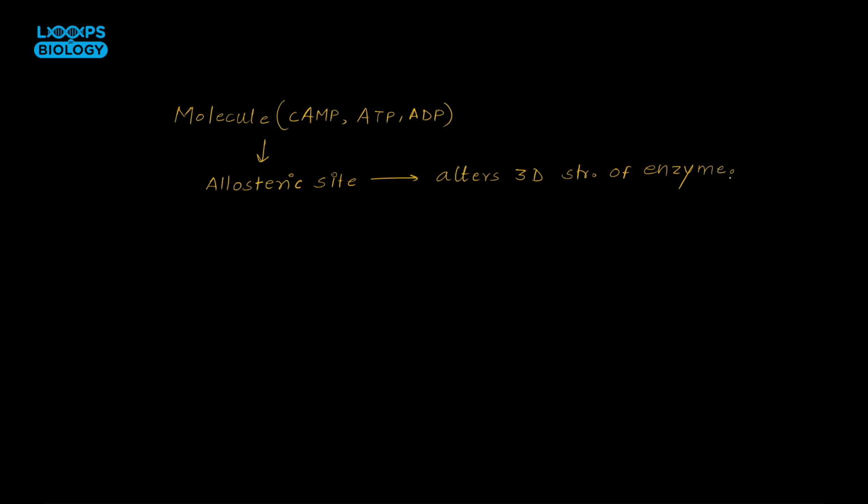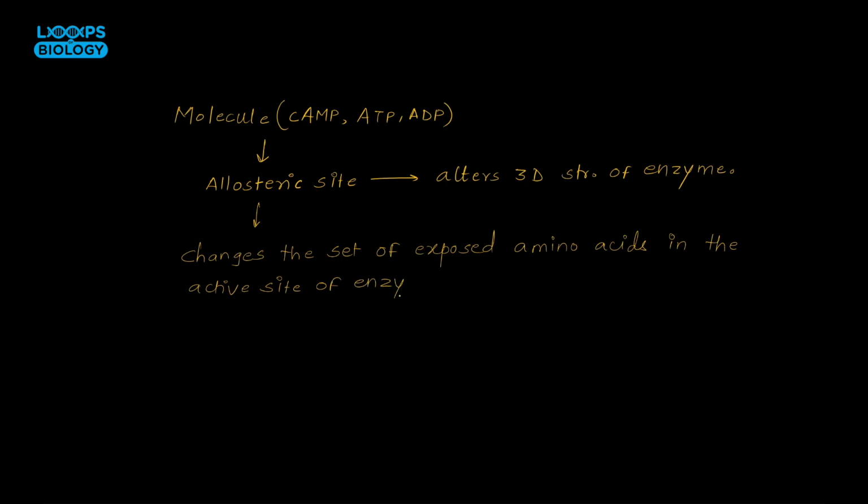Now, whenever the three-dimensional structure is altered, the allosteric site changes the set of exposed amino acids in the active site of the enzyme, and as the set of amino acids is changed, the enzyme can bind to more than one substrate.